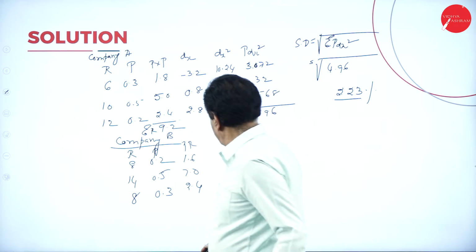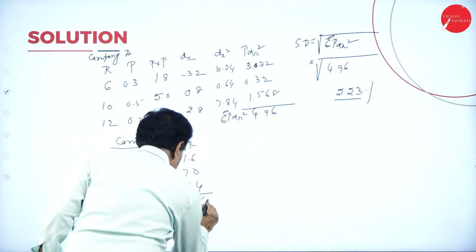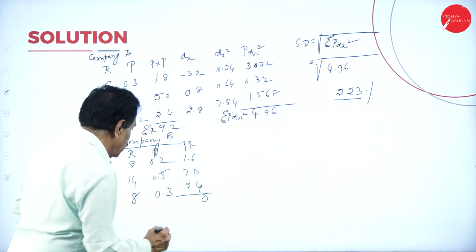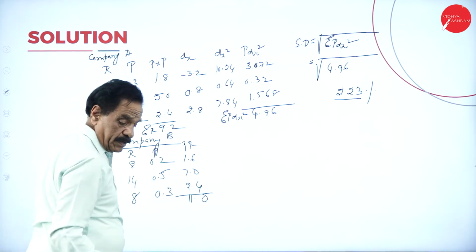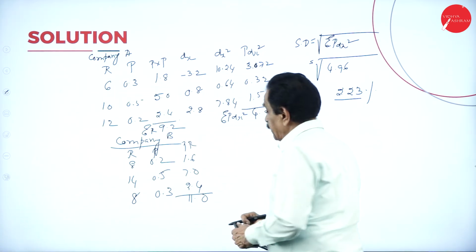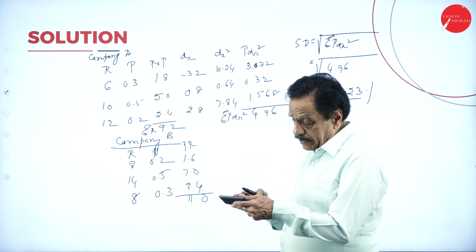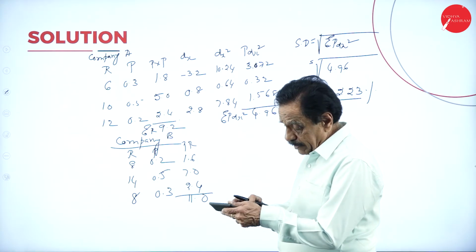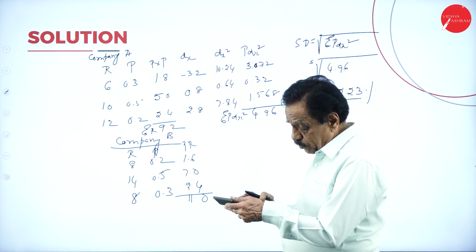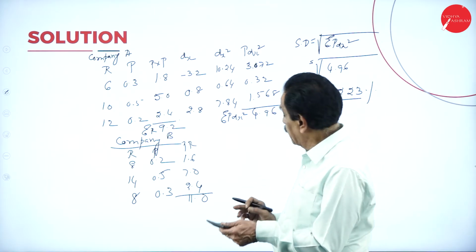Add the figures: 1.6 plus 7 plus 2.4 is 11.